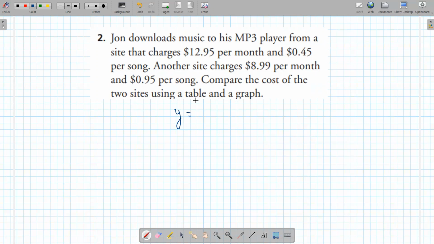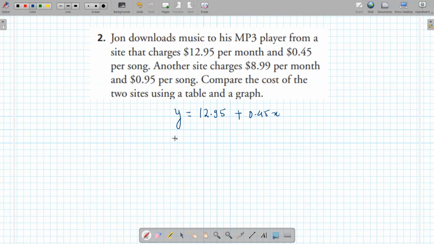It's gonna be y equals, the $12.95 is going to be the flat fee that he has to pay regardless, and the 45 cents will be the slope, okay? Because the bill depends on how many songs he downloads. So that's the first equation.